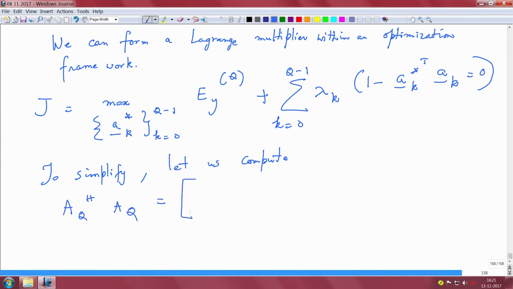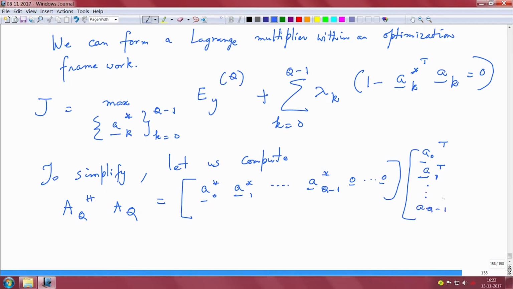So, this is basically A naught conjugate, A1 conjugate, dot dot, A q minus 1 conjugate, nulls, times A naught transposed, A1 transposed, dot dot dot, A q minus 1 transposed, and then everything is null.